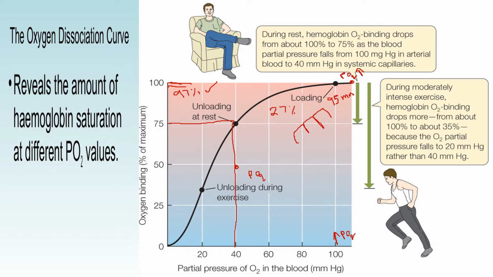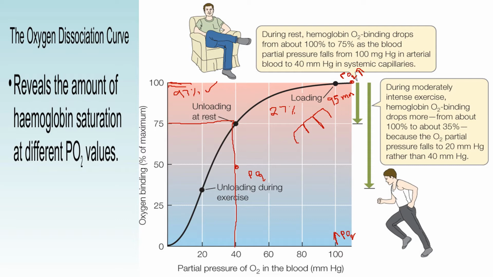So the rest of the oxygen is stored as a reserve in blood. So in the systemic artery, the saturation of oxygen with hemoglobin is 97%. At the cells or tissues, it is 75%.